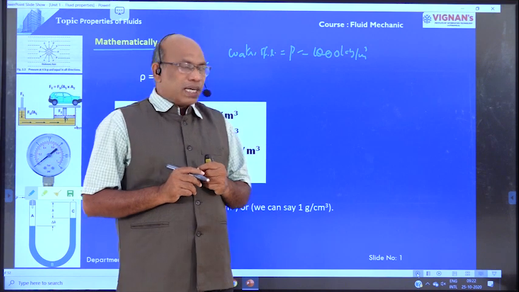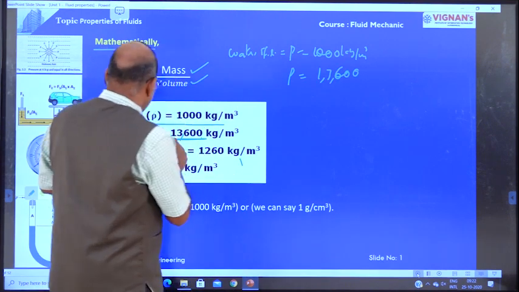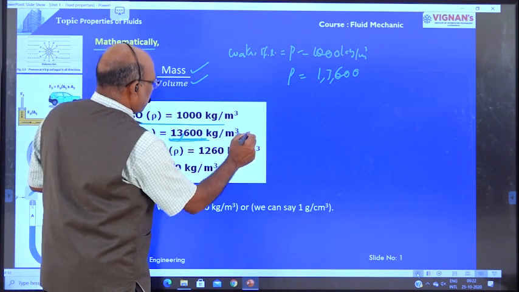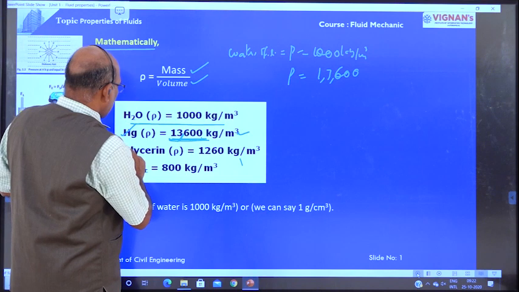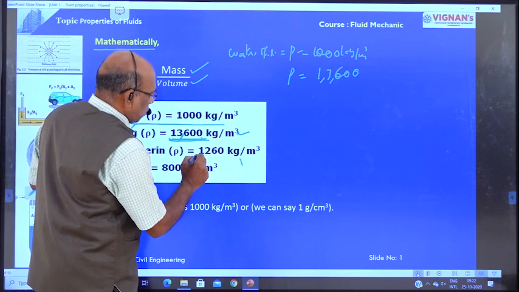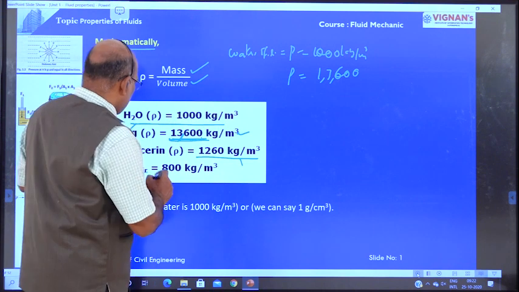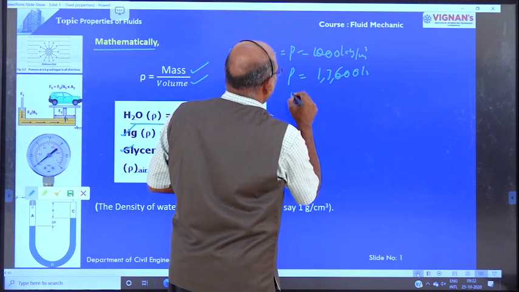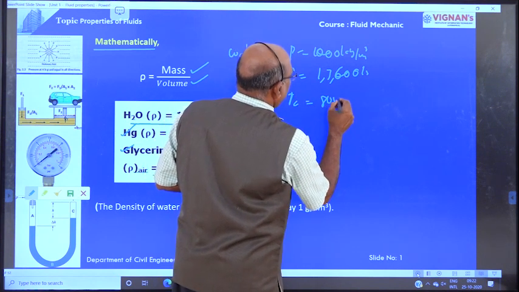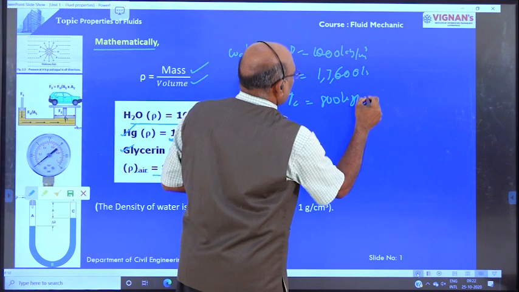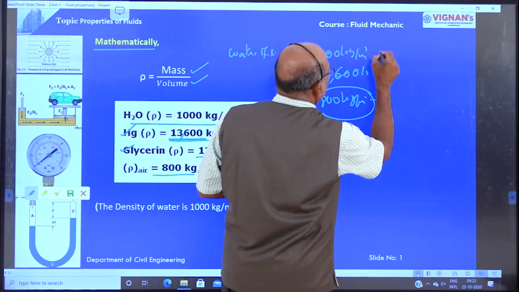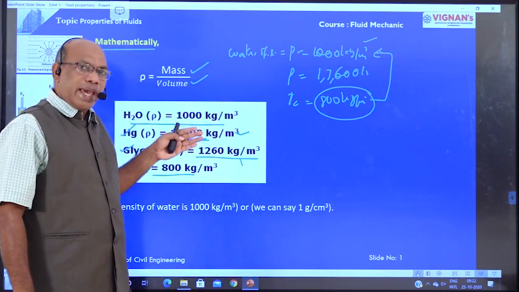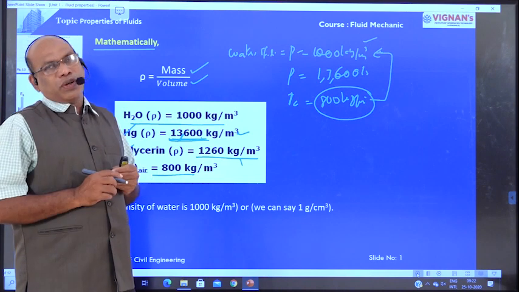Therefore, the mass density of mercury is 13,600 kg per meter cube, the mass density of glycerin is 1260 kg per meter cube, and the mass density of air is 1.2 kg per meter cube. The mass density of air is less than the mass density of water. These are the standard values for air, water, glycerin and mercury.